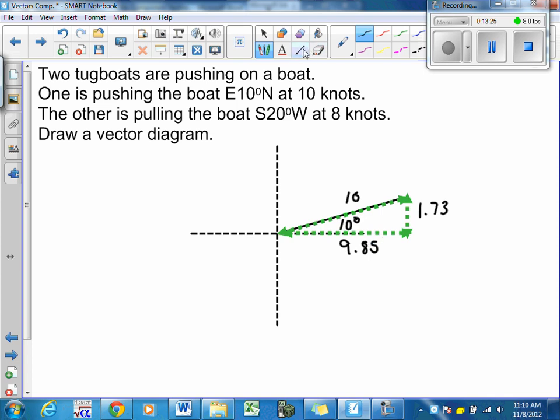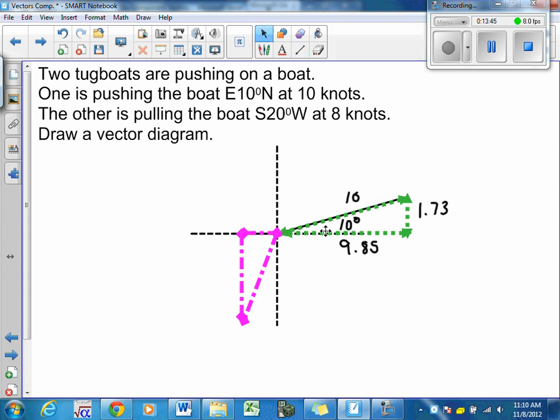Then I do my next triangle. South 20 degrees west at 8 knots. So I get to there. Now I need to draw my right triangle. It's always to the x-axis.